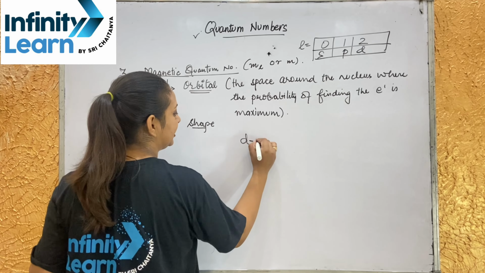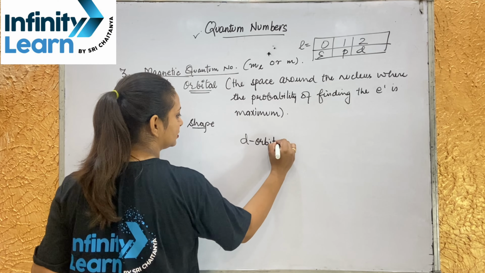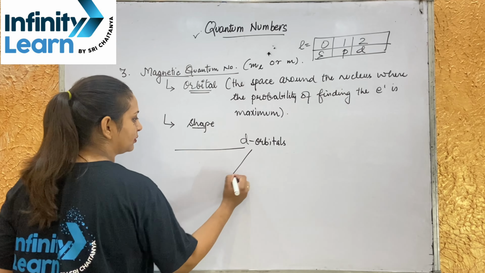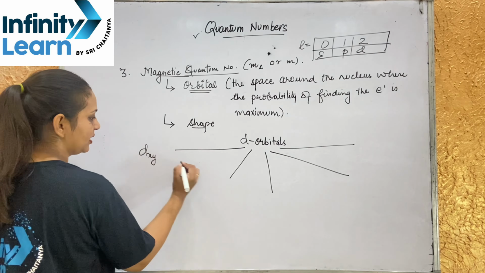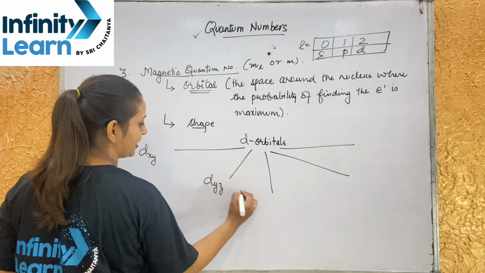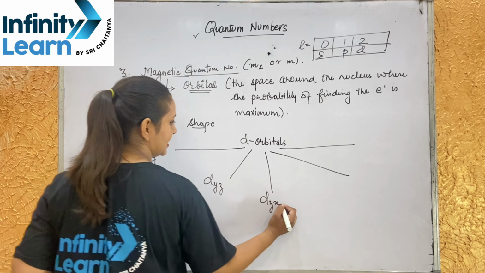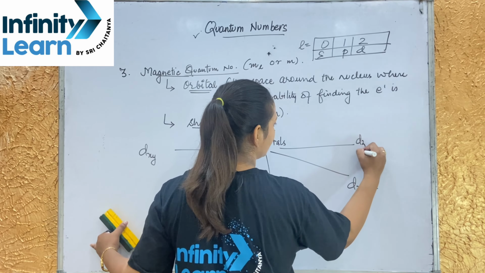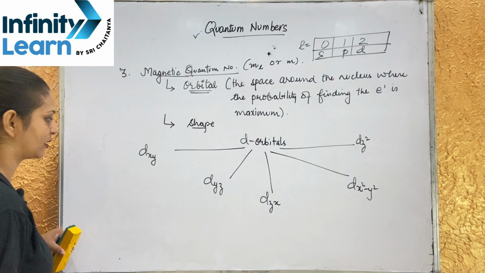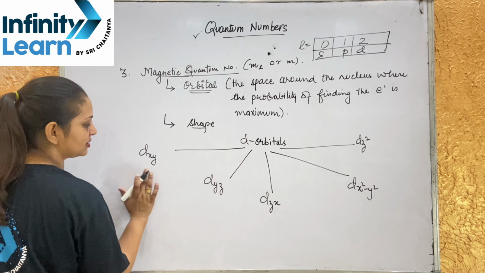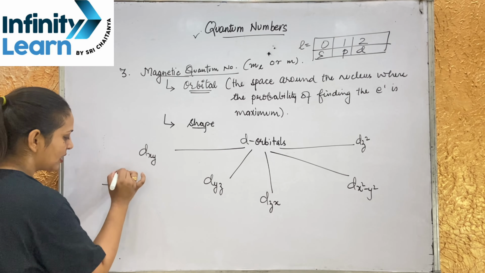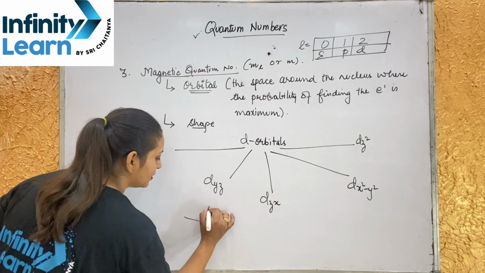When we have d orbitals, dxy, dyz, dzx, dx square minus y square, and dz square, these three orbitals dxy, dyz, and dzx are similar in shape.